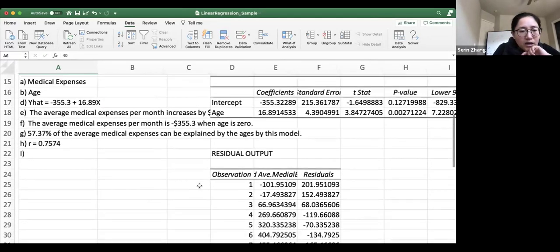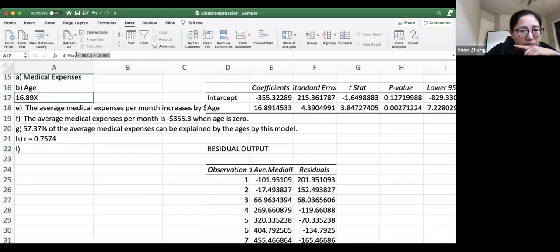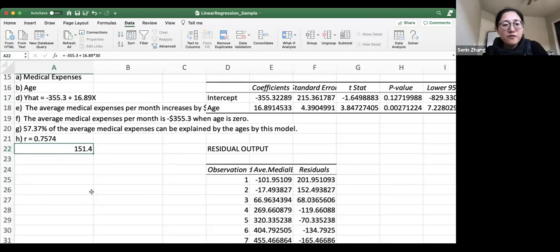So I changed the question for this sample. You put the Y value as negative 355.3 plus 16.89 multiplied by 30, age of 30. Let me remove this I. Then that's 151.4.